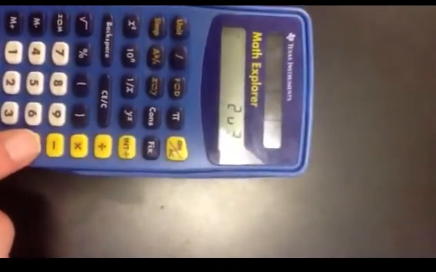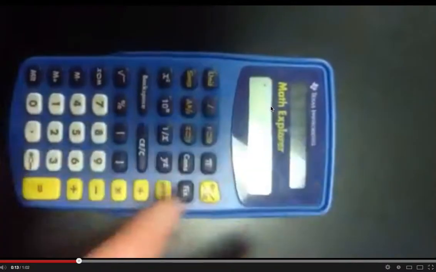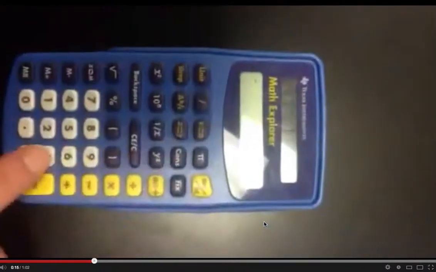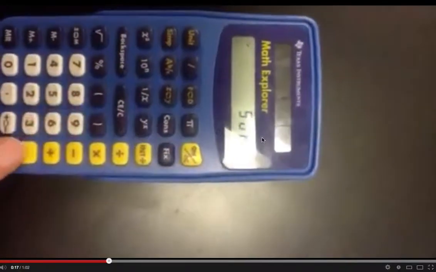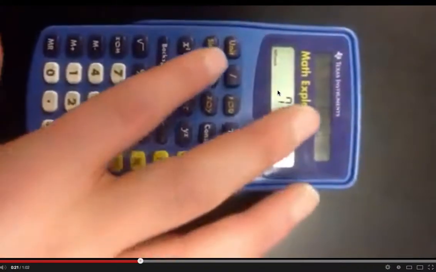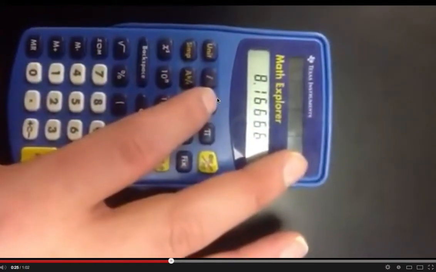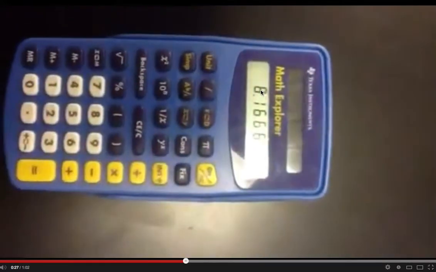I'm hitting the addition button, and you can see the screen right here where it has that. It's a little blurry here, but you can see that that's showing that unit. Okay, and here is our answer, 7. And then I hit fraction to decimal, and it is equal to 8.1666.